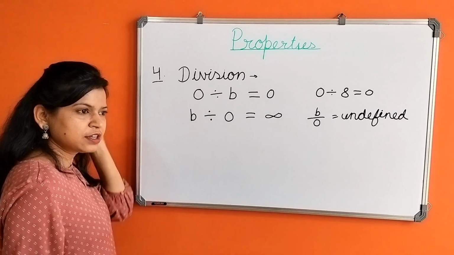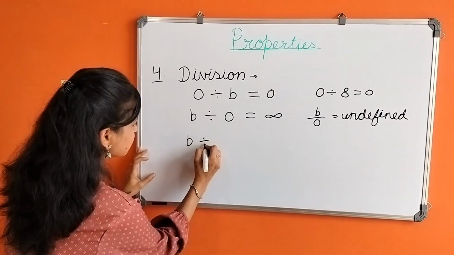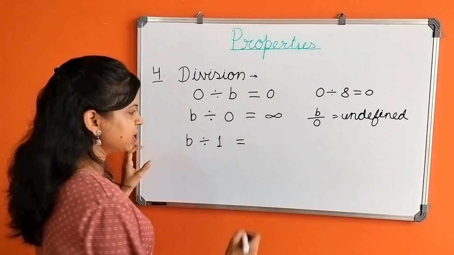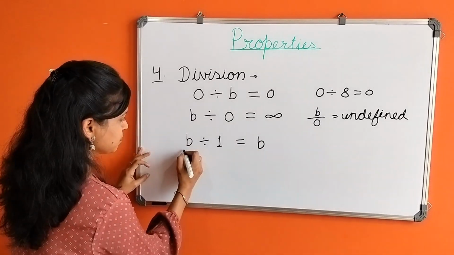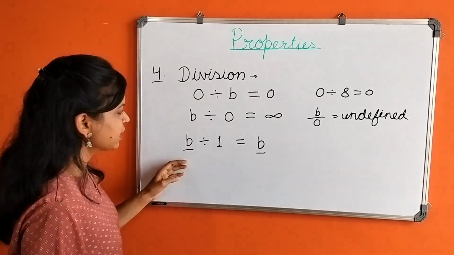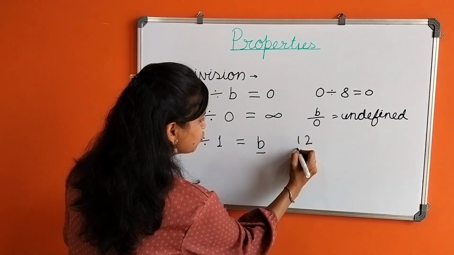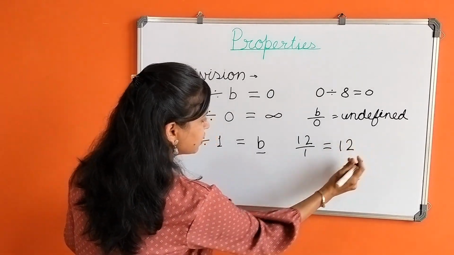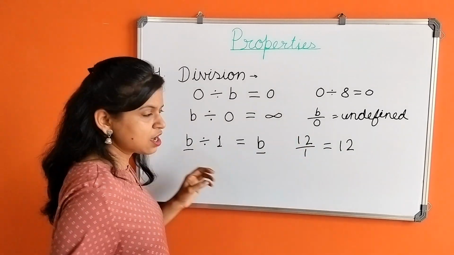Or whenever we divide any integer by 1, the answer will be the same integer. Means if we divide 12 by 1, the answer will be the same 12. 1 will not affect this integer.